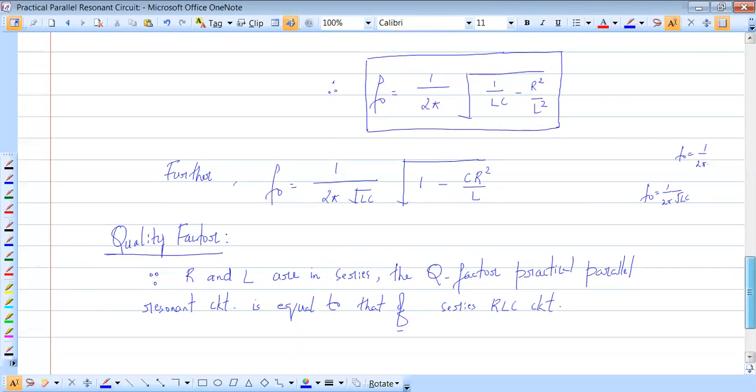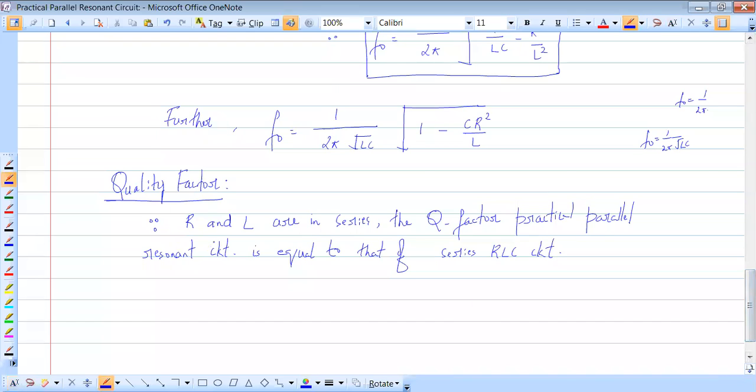So therefore, the quality factor is omega L by R. This is the reason we give it.